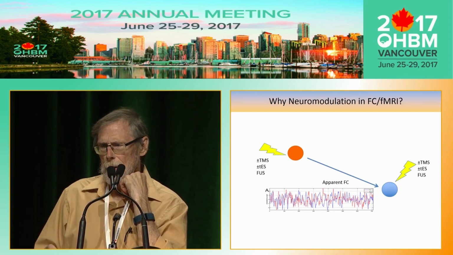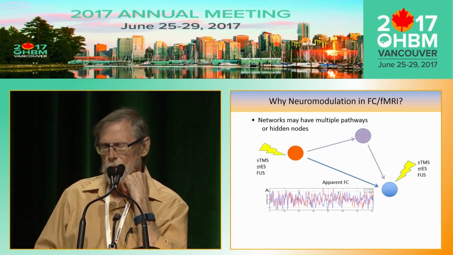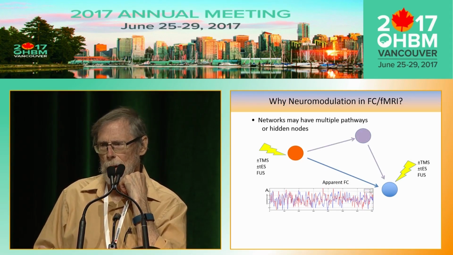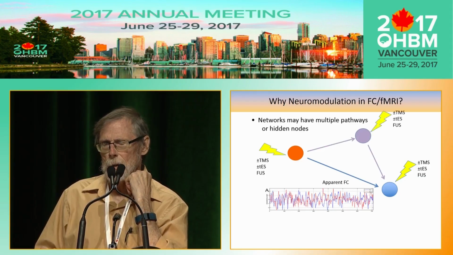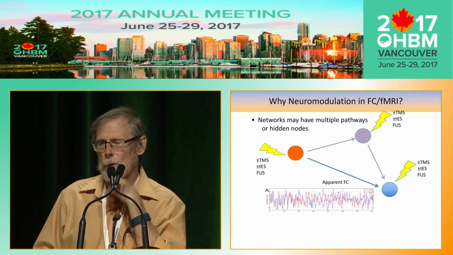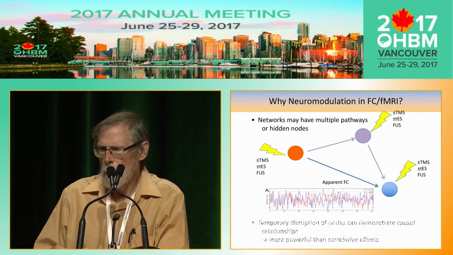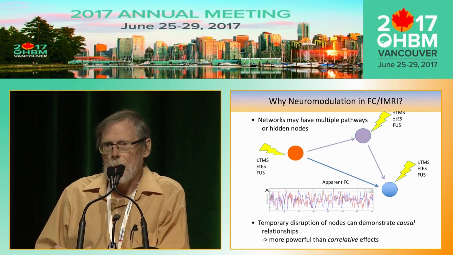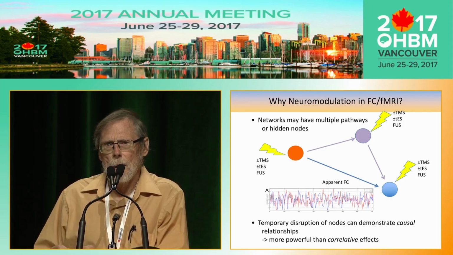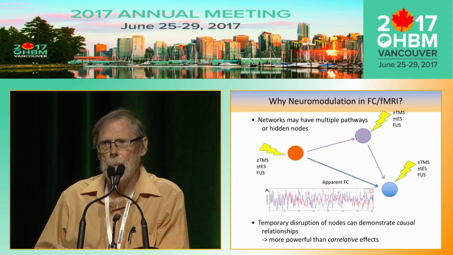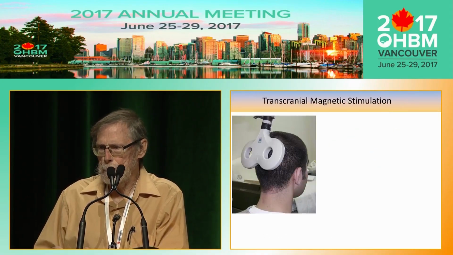Often there are hidden regions of the brain, and you could test that as well to see whether, in fact, there was a connection between them that was responsible for the correlation. Now, if you do such, you will have a more causal relationship that might be telling for you, and it's much more powerful than a simple correlation.